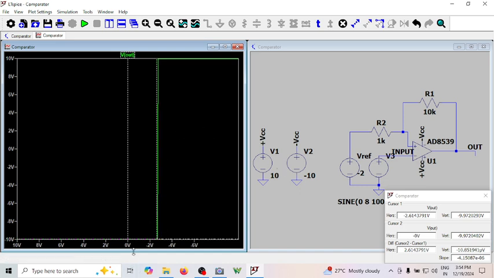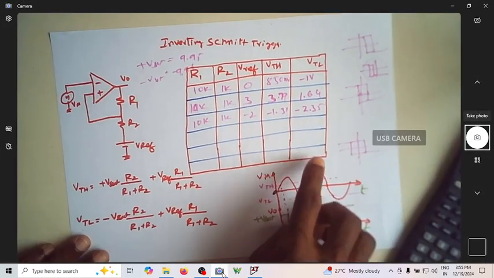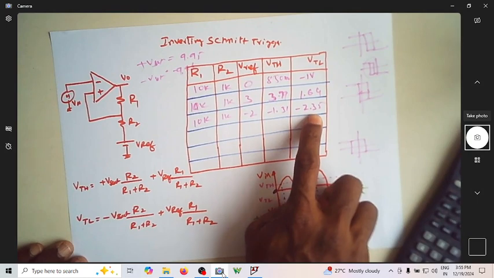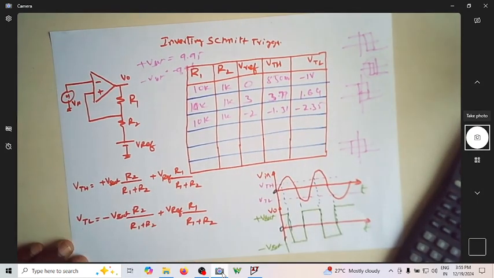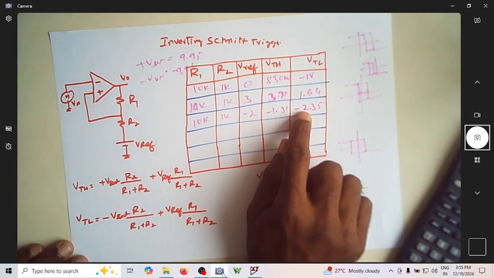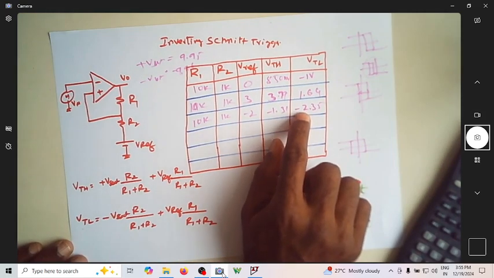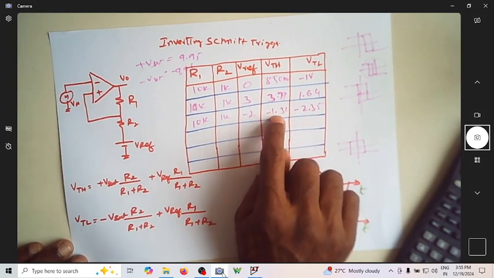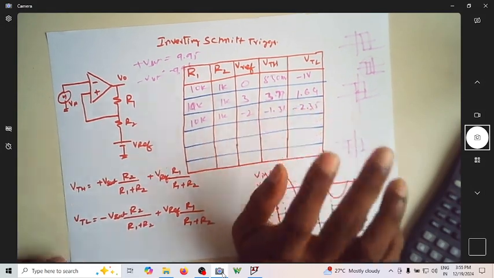This is more negative than VTH, minus 2 point something, minus 2.6. We actually got minus 2.35 earlier, of course there it was a slight approximation. So using DC sweep also I can measure what VTL and VTH are.